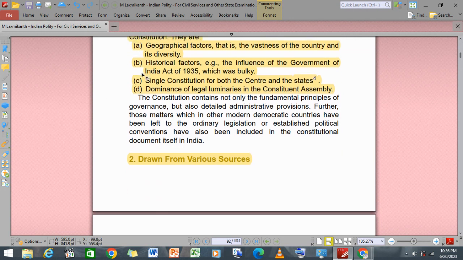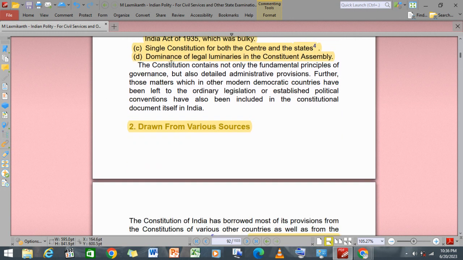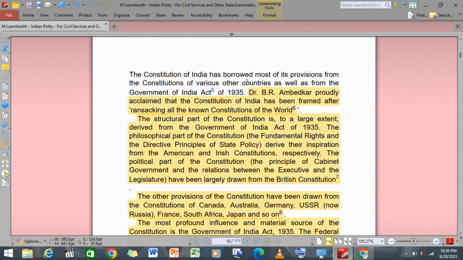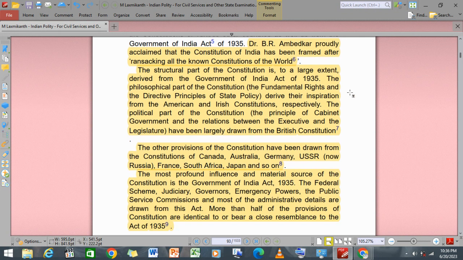Another feature is that it is drawn from various sources. It is quite true that it has been taken from various places, and Dr. B.R. Ambedkar ransacked almost all the known constitutions of the world to form a better constitution. The structural part of the constitution is to a large extent derived from the Government of India Act of 1935, and the philosophical part of the constitution, the fundamental rights and the directive principles of state policy, was derived from the inspiration of America and Ireland.